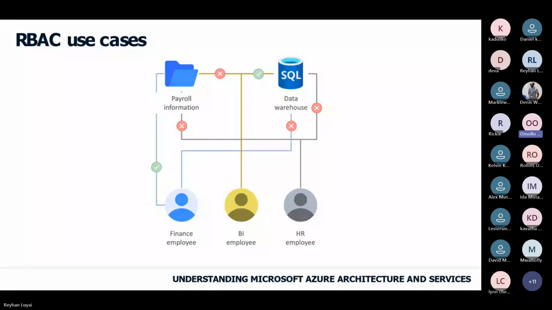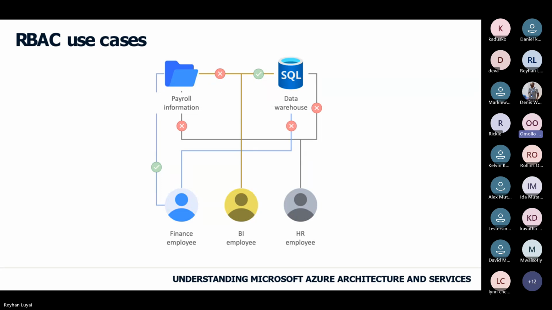Coming to the BI employee, he has access to the SQL data warehouse. Why? Because he will need that data to create dashboards. But he has no access to payroll information, which has only been given to the finance employee. Coming to the HR employee, look at what happens with the HR employee.